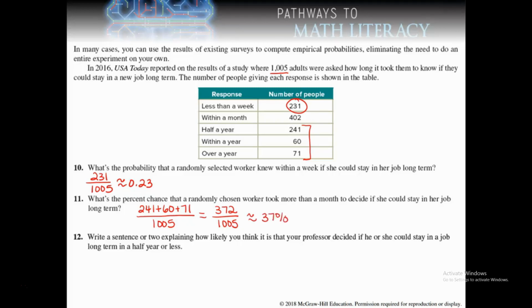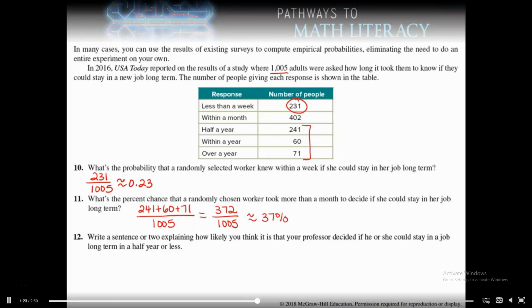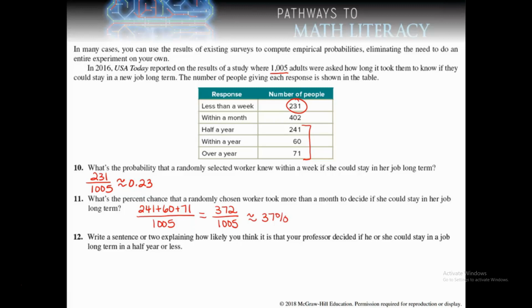In 12, write a sentence or two explaining how likely you think it is that your professor decided if he or she could stay in a long-term job in a half year or less. So half year or less would be the half a year category or any of the shorter ones. So we have 3 to add together again.